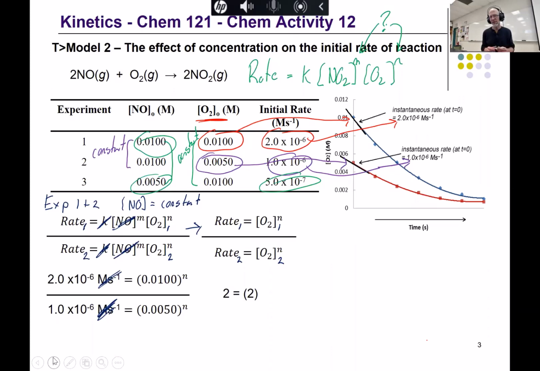Now, you know that in these courses, especially when we're dealing with mathematics, we really want to emphasize significant figures. But here's the thing. These exponents that you're trying to solve for, for the purpose of our first-year chemistry course, will either be a 0, a 1, or a 2. Now, in the research world, it's possible to have 1.5.